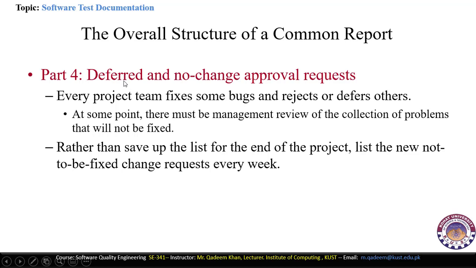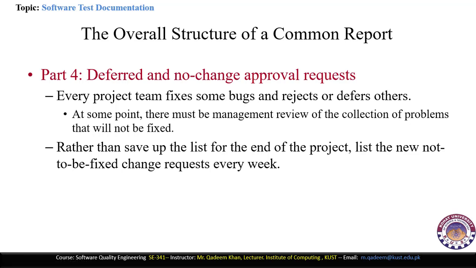Every project team fixes some bugs and rejects or defers others. So if there are certain bugs, the testing team will suggest that these bugs should be corrected, or deferred, or that no changes are required for these particular bugs. If there is no problem, automatically a no change approval request will be provided by the testing team.